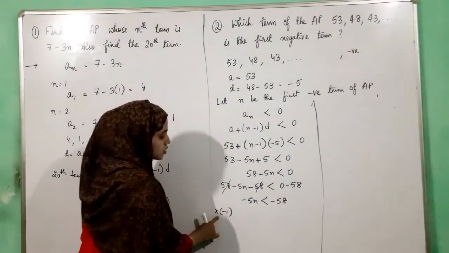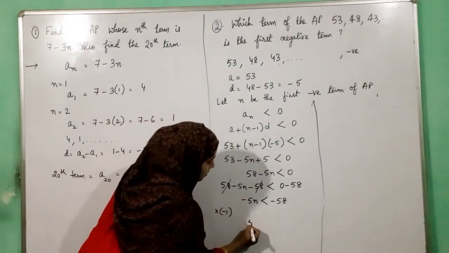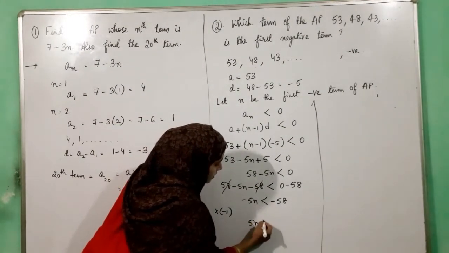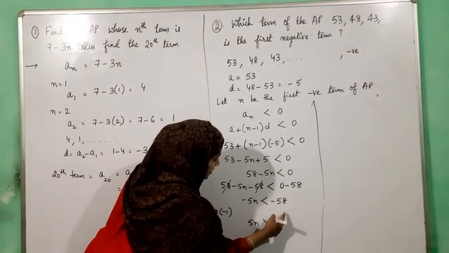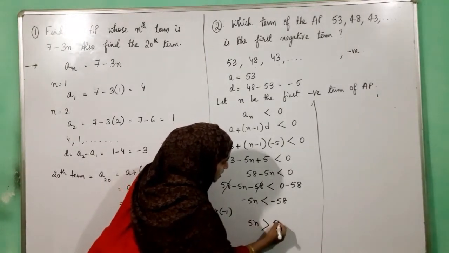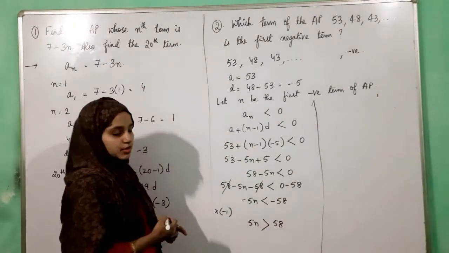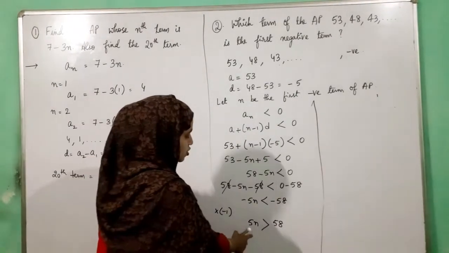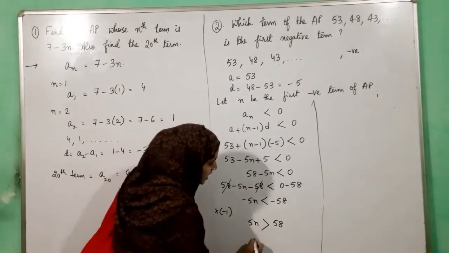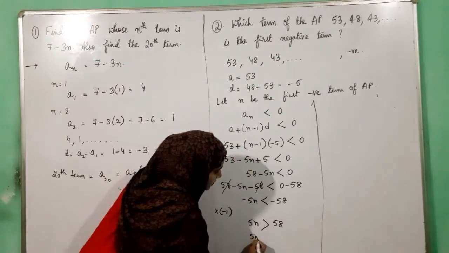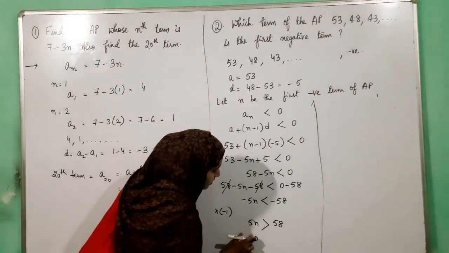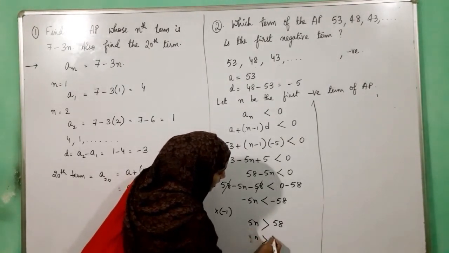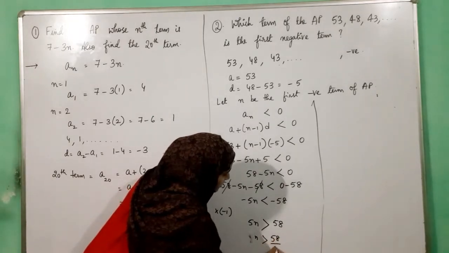So minus 1 into minus 5n will become plus 5n, and the sign will get reversed. Minus 58 into minus 1 will become plus 58. Now I have to get n, so I will divide the LHS as well as the RHS with 5. So 5n by 5 will become n and 58 by 5.